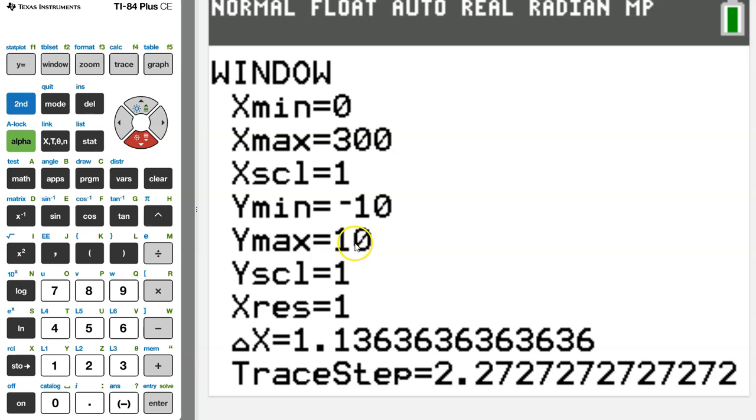We can always adjust this later, but I think I'll go with, let's say, 3. For the y min, again, -10 is very big, and we know these rates are not going to be negative. So I think I'll just make it -1. I always like to see a little bit below the x-axis so I can clearly see what's going on. Let's go ahead and hit graph right now and see what we've got so far.